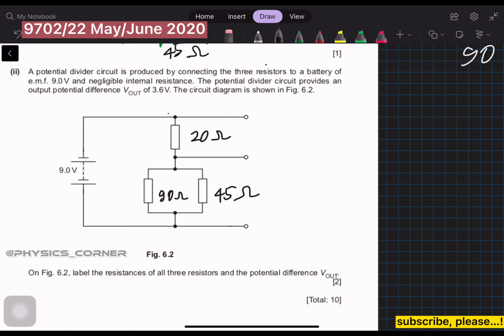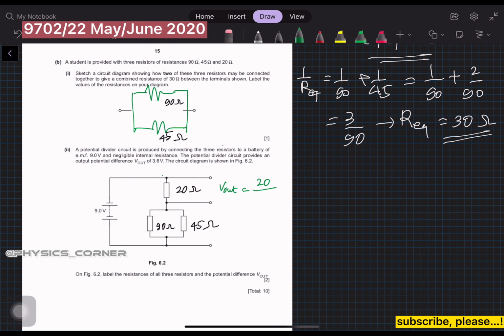So when we find V out at this point, this is the same as 20 divided by total resistance. Total resistance is 30 plus 20, this is 50, times 9, so equals 2/5 times 9.0.